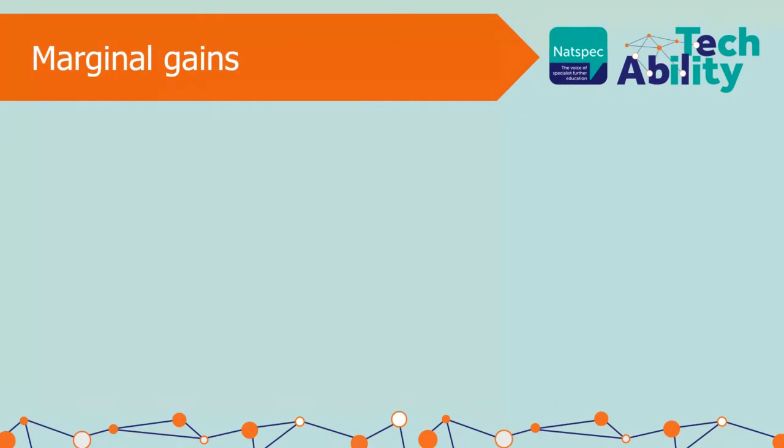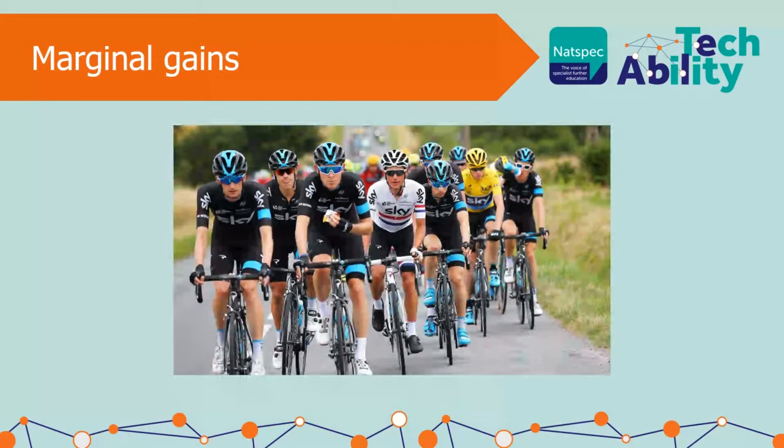You might have heard of this theory before when talking about cycling. The Sky team used this theory of marginal gains to great effect. They got a new team manager, and he said, right, we're going to concentrate on the tiny little differences we can make to the team and to the bikes, and those tiny differences will mount up.